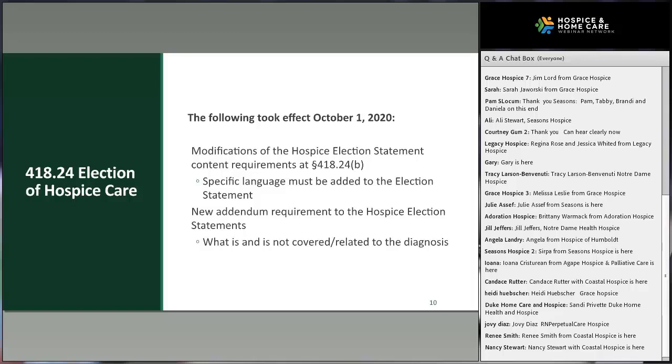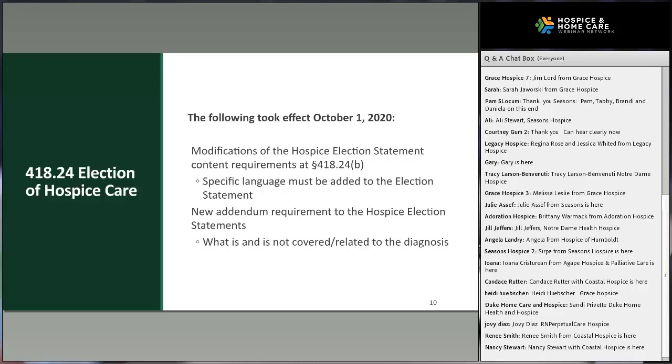Okay, so it's important to know that as of last October, October 1, 2020, Medicare came out with modifications of the hospice election statement as it related to the content requirements. They didn't say this is what the form needs to look like. They left that to the discretion of the agencies, but they stated that there must be specific language added to the election statement.